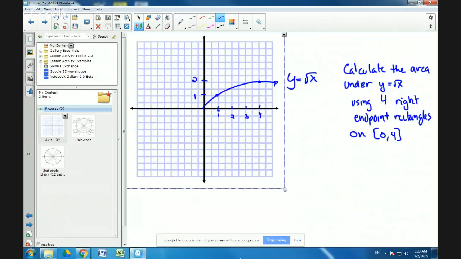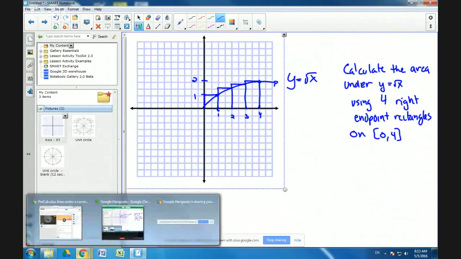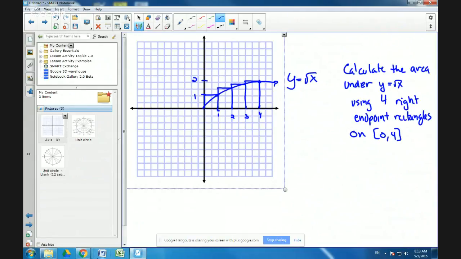Okay, so we're going from 0 to 4, right? And we're starting on the right side. So when you draw your rectangles, you start on the right side. See how that works? The question is, how big are your rectangles?